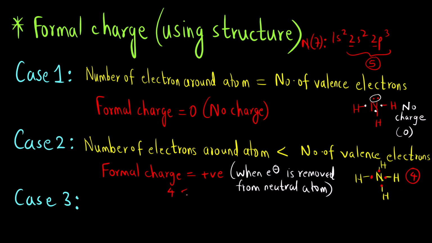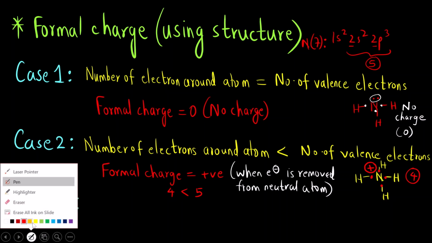So 4 is less than the valence electrons, that is 5. So the number of electrons that is less, that much will be the formal charge. If it is 3, then the formal charge is plus 2. Here it is 1 less than the valence electrons, so the formal charge will be plus 1. Okay, so here the formal charge will be plus 1.